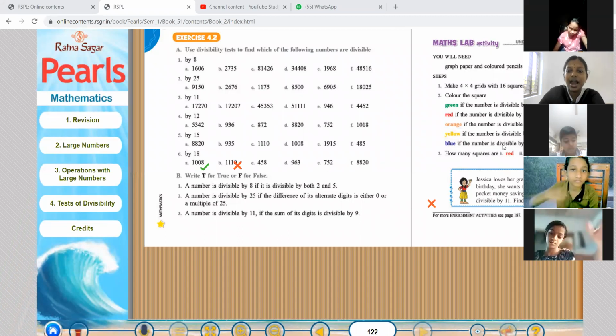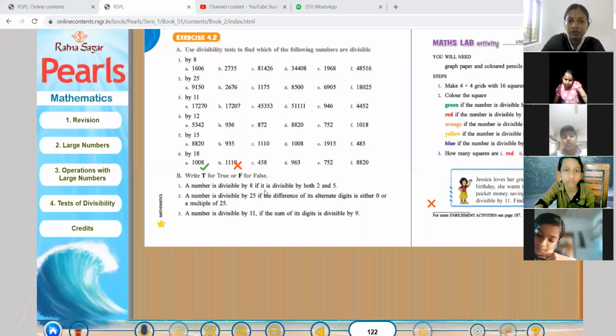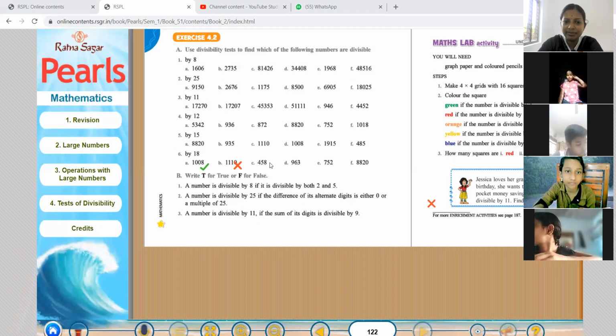Add the digits. By adding them, we get 4 plus 8 plus 4 plus 5 plus 8. What is the sum? It is 17. Is 17 divisible by 9? No, 17 is not divisible by 9.